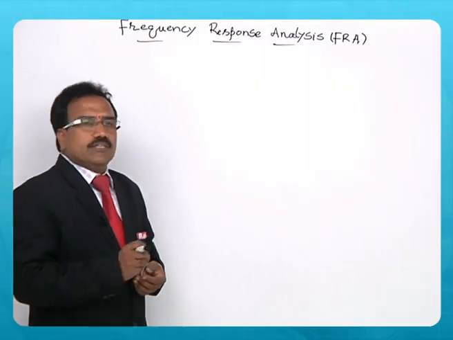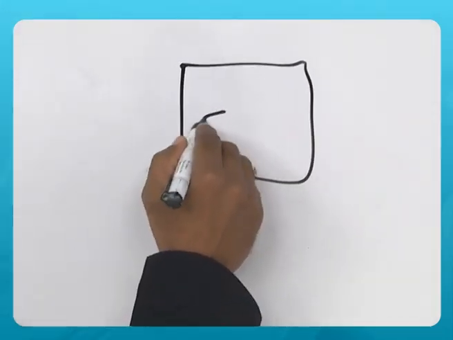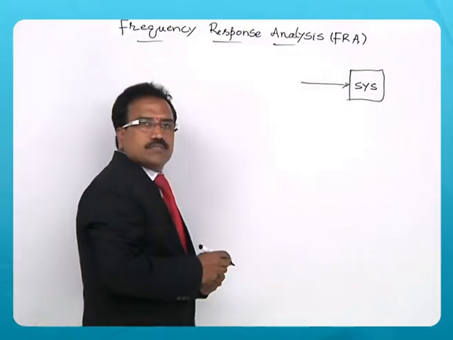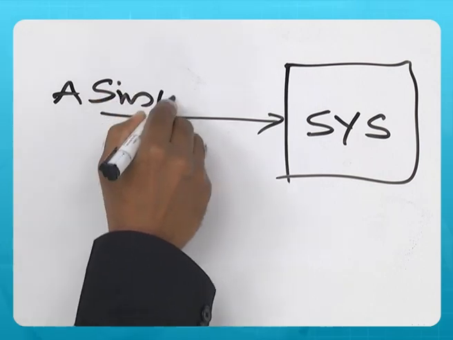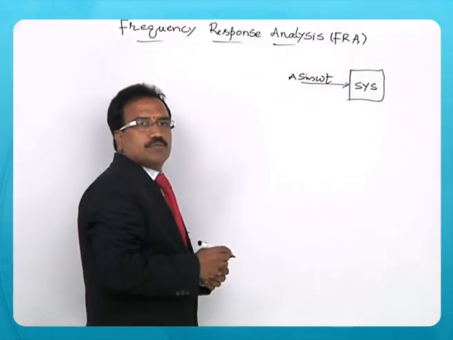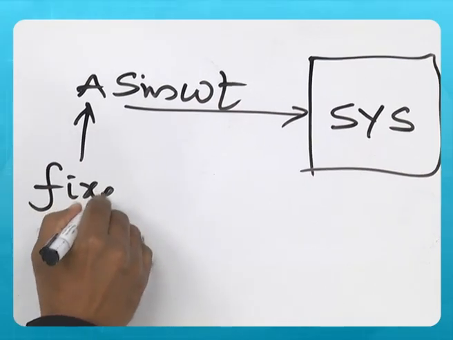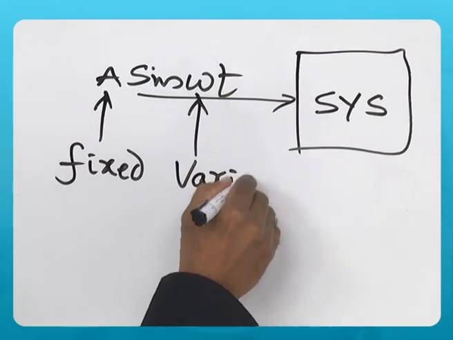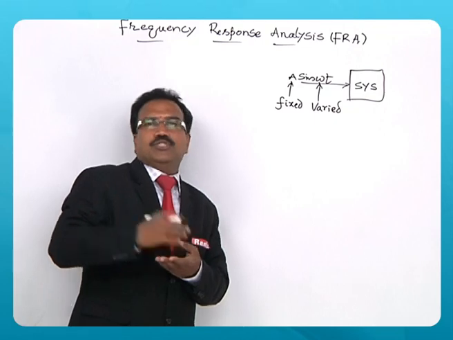It is important to know that in frequency response analysis, a system is excited by A sin omega t as an input signal, keeping this amplitude fixed, and this omega is varied for a wide range of frequencies starting from 0 to infinity.